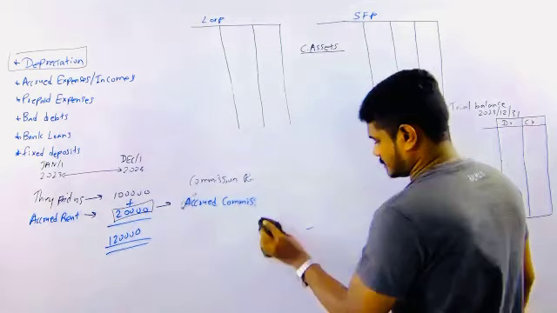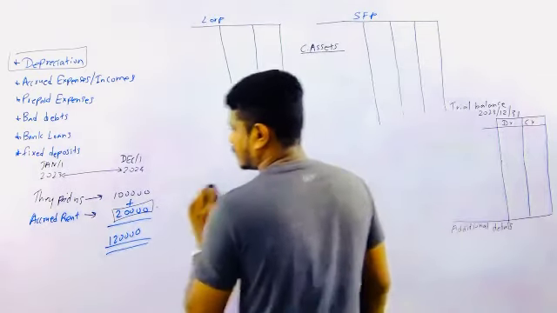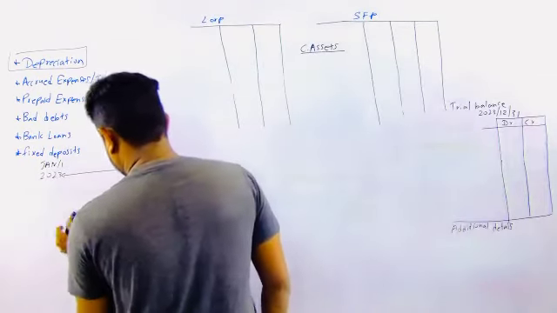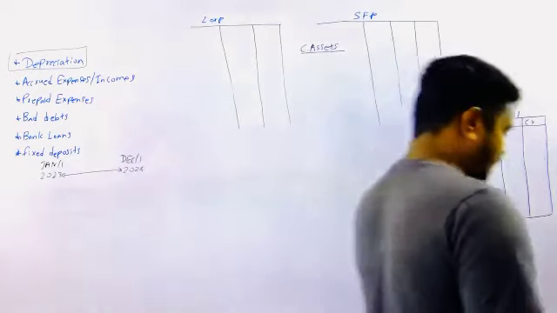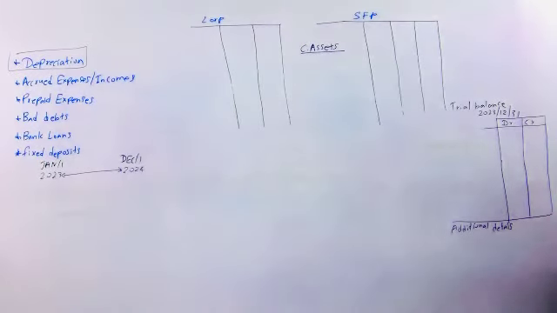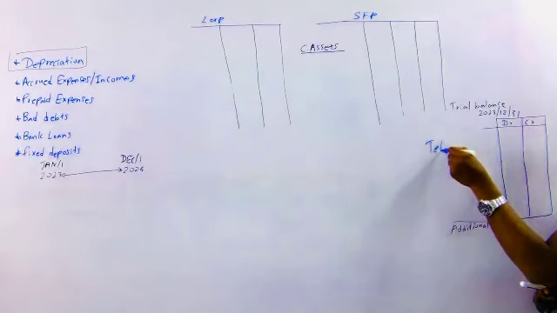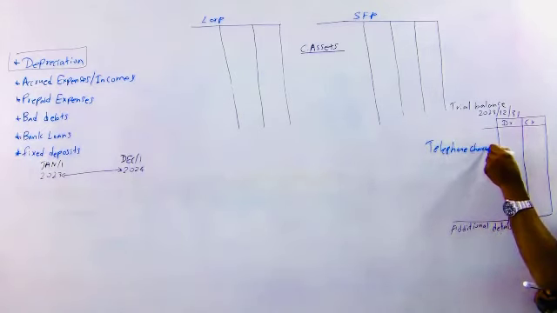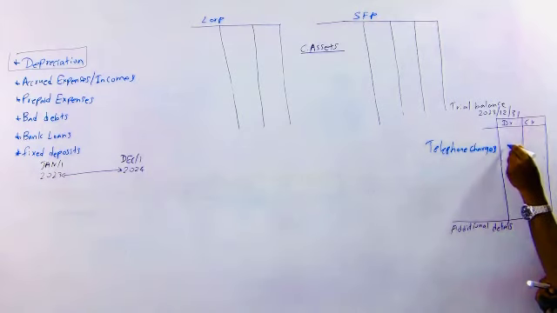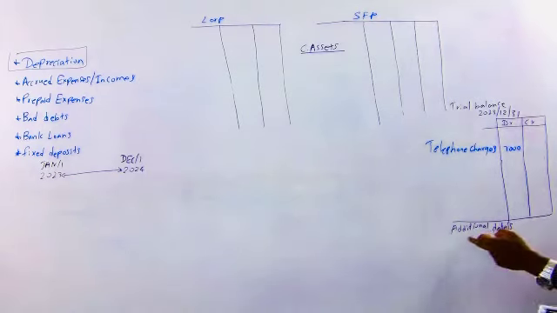Let's think about telephone charges, right? Telephone charges. It is an expense, no? So in the trial balance, they have given like this. Telephone charges $7,000, right?